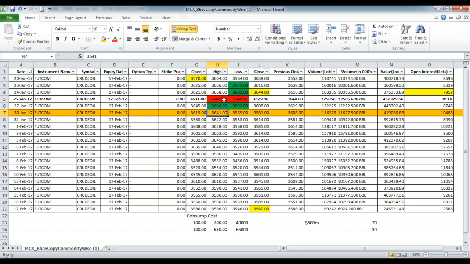And this is where the resistance is, right? 3648, correct? Yes, sir. Now look at it on this particular day when the price went above 3648. Was it able to sustain? No, sir. It fell.